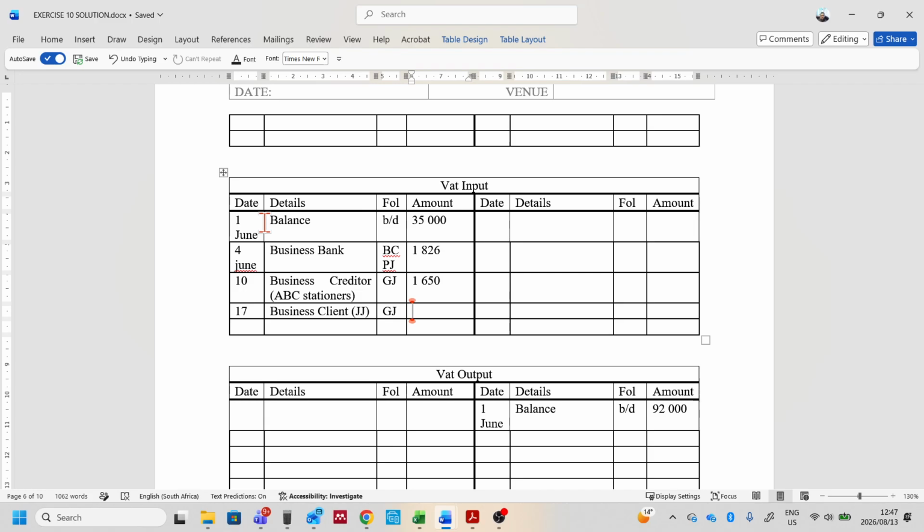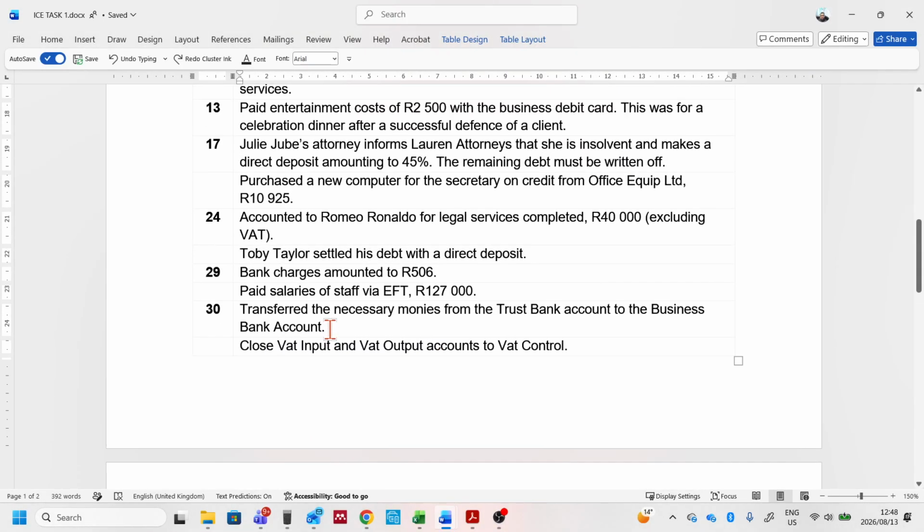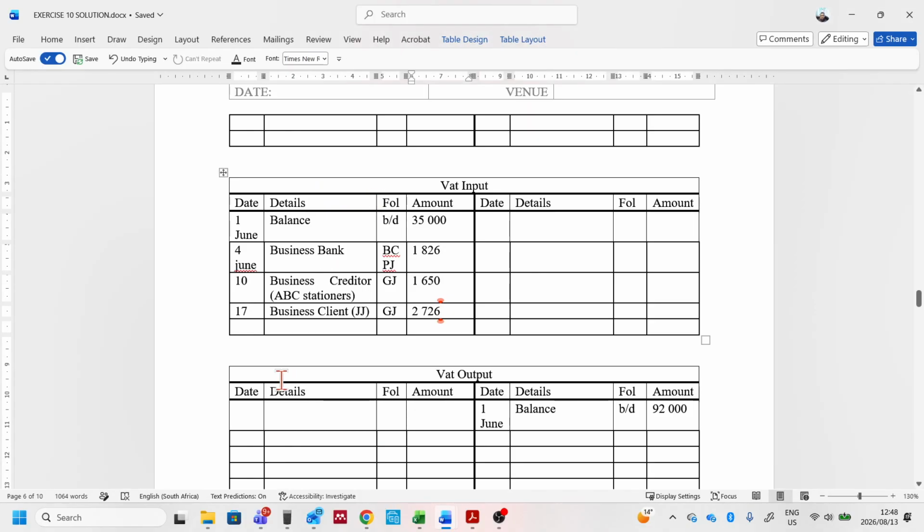So how much was this one? 726. Okay, I'm going to look for another one, the computer one on the 17th again.